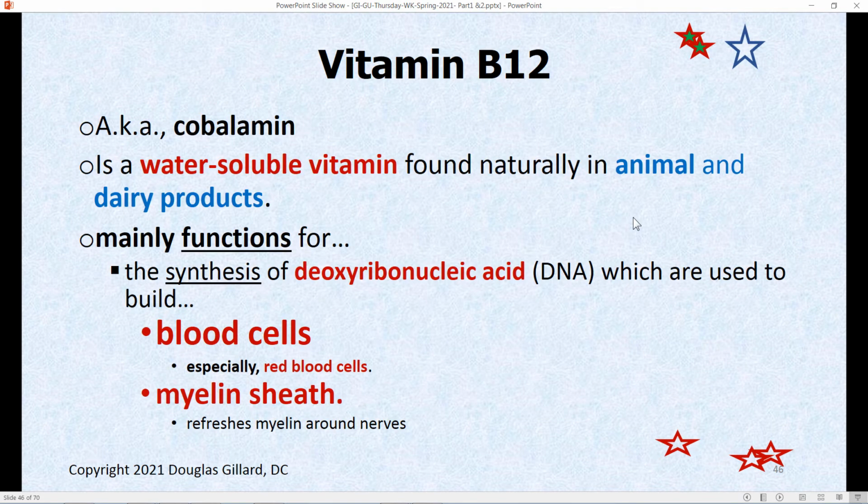Cobalamin is B12, and you got to know this stuff. I'm doing a little nutrition here in a way, but it's a water-soluble vitamin. There's something really weird about vitamin B12. It's one of the water-soluble vitamins, yet it's stored in the liver.